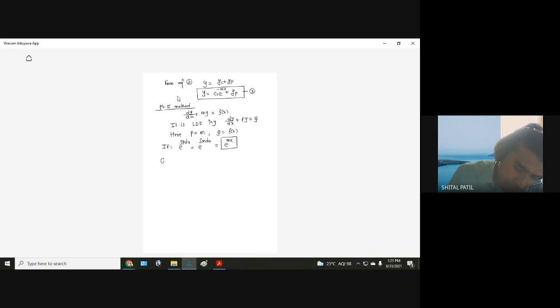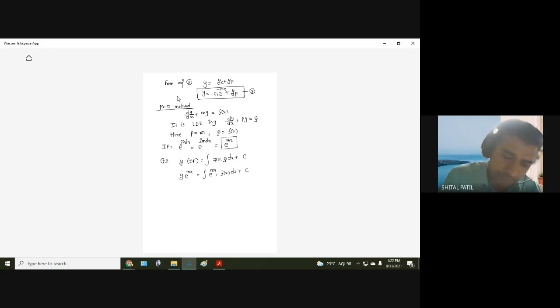Now we want to find a general solution. So y into integrating factor equal to integrating factor into q dx plus some constant, say c. So y into e raised to mx equal to integral of e raised to mx into q, q is f of x, dx plus some constant.